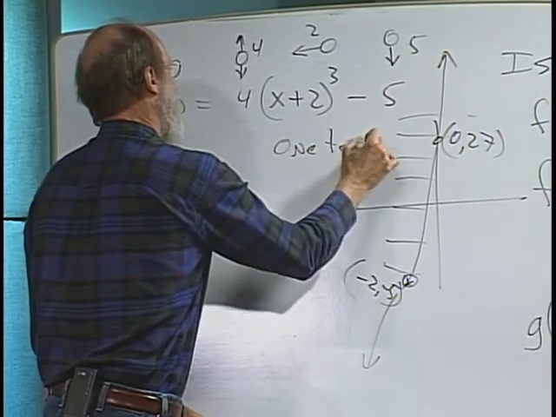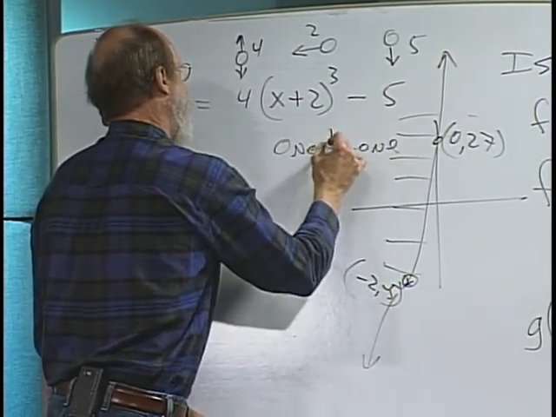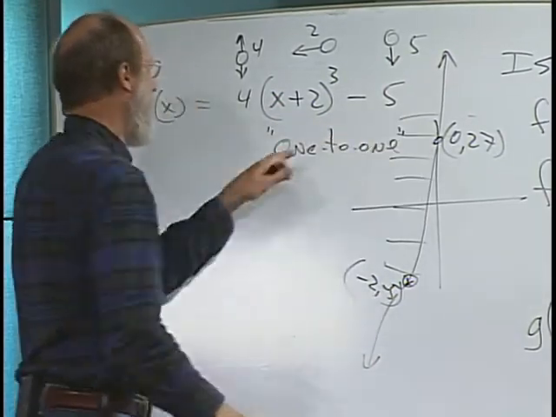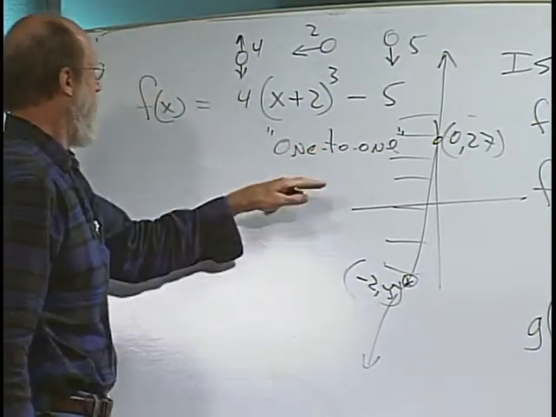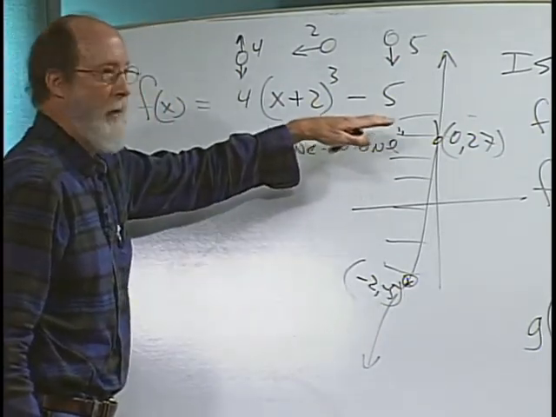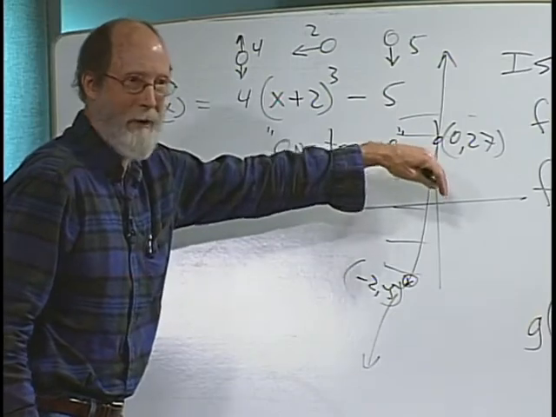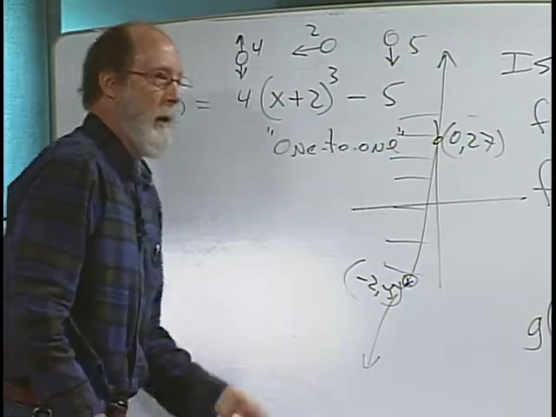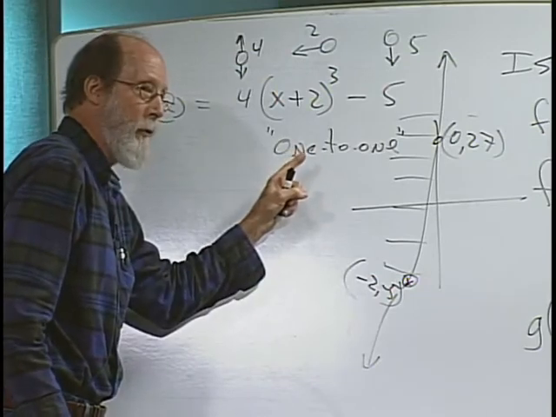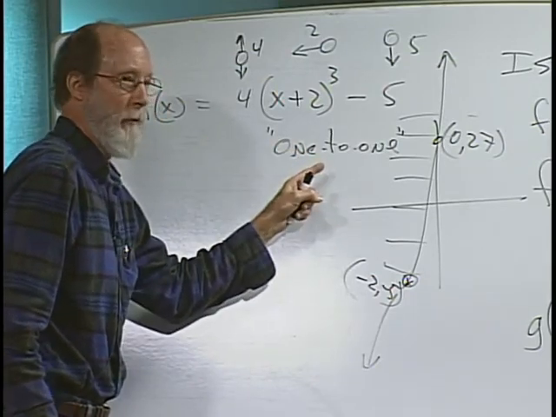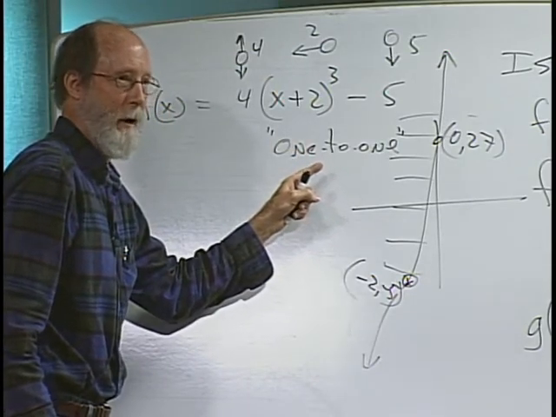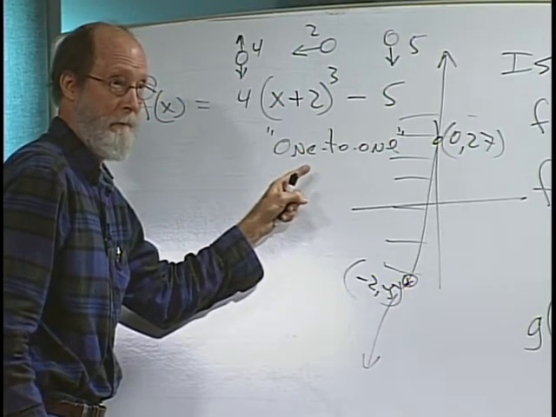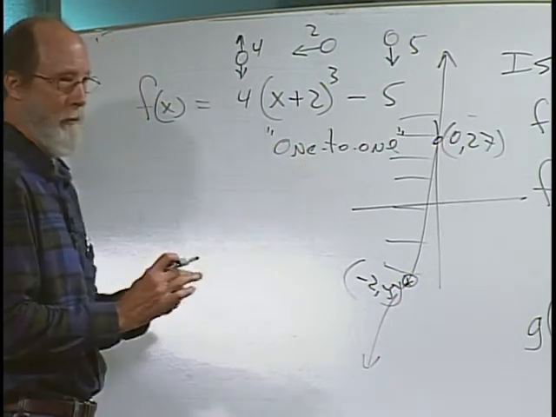The reason that vocabulary is useful is it means for one y value, there's only one x value. It's a shorthand phrase. What that means to us is that if you now form the inverse of this crazy thing, it will be a function.